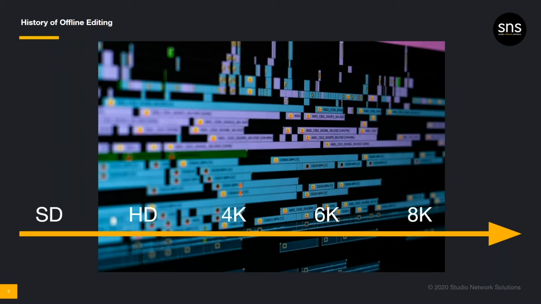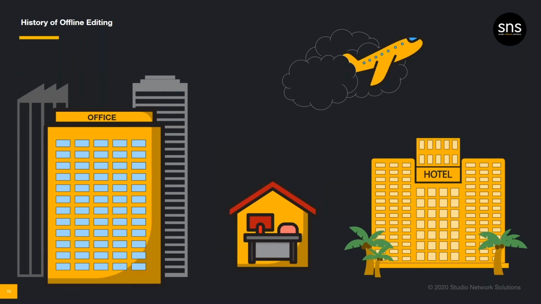And it's a completely suitable long-term process that many post houses use all the time, not just in times of crisis. So that's a brief history of offline editing. And you can probably imagine why that's important for our discussion on remote editing or remote video production. If you're working on a low-res offline copy of your media, the files should be small enough to take with you pretty much anywhere.